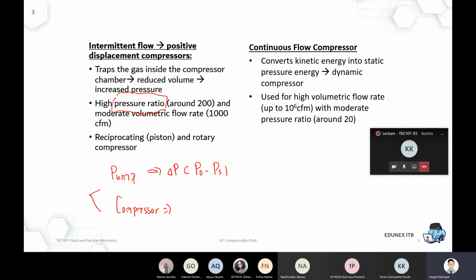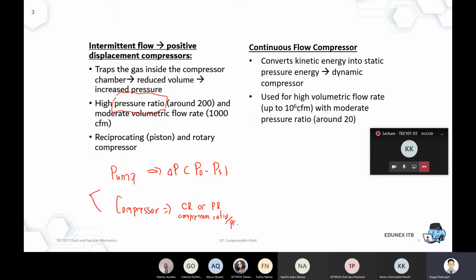It's misleading. What's important in the compressor is the compression ratio or pressure ratio. That is the important part of a compressor.